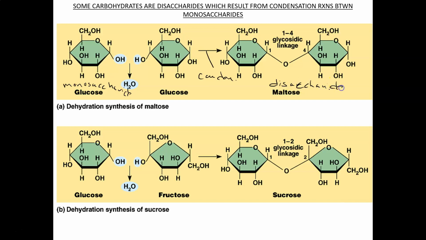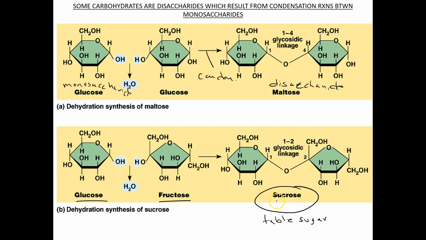So if you took a glucose monosaccharide and a fructose monosaccharide and condensed them together, you'd get this disaccharide, which is just your regular table sugar, right, which is sucrose.